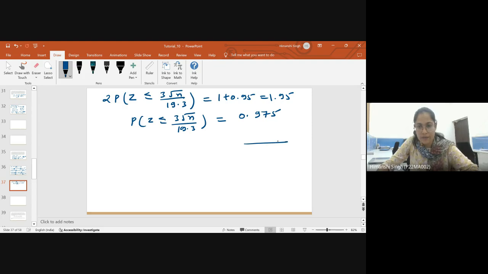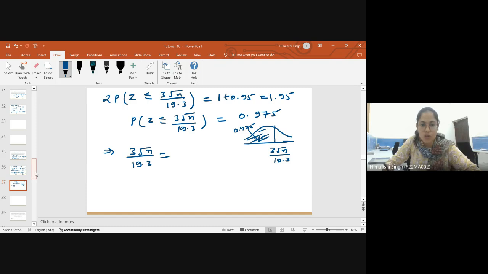So what we have is this standard normal, and we have this point, 3 root n upon 19.3, and the area which is less than this point is given to us to be 0.975. Since in the table we already have these areas, we'll directly find out the point. So 3 root n by 19.3 is what we'll find from the table.